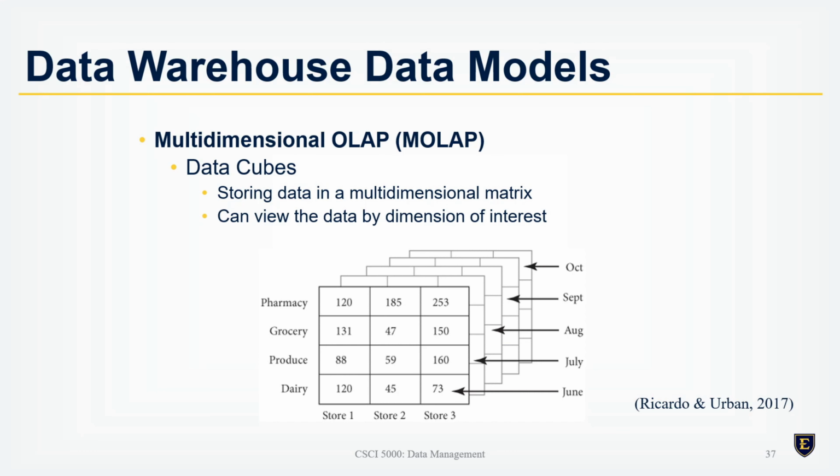Then you can rotate this cube if you want to see only store number 3, or only store number 2. So you can view this data, and it's much like a Rubik's Cube in this case. So you can view a particular side of the Rubik's Cube at a given time, and it only represents one slice of the data.